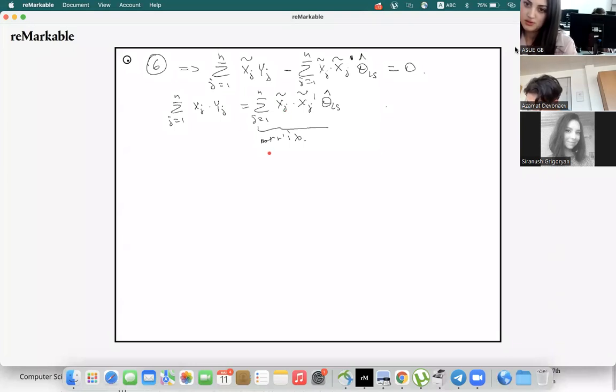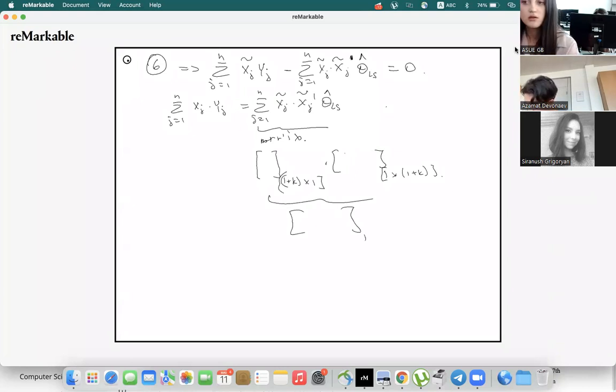You have something that is a column, 1 plus K by 1, multiplied by a row, 1 by 1 plus K. So the product will give you a big matrix of 1 plus K by 1 plus K.